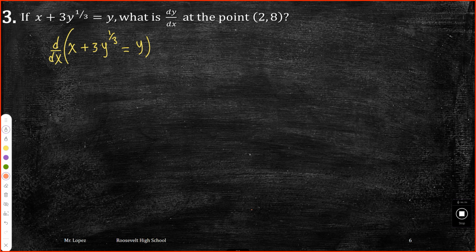So what's the derivative of x? 1. What's a third of 3? 1. Then we got what? y to the what? 1/3 minus 3/3, which is going to be y to the negative 2/3.